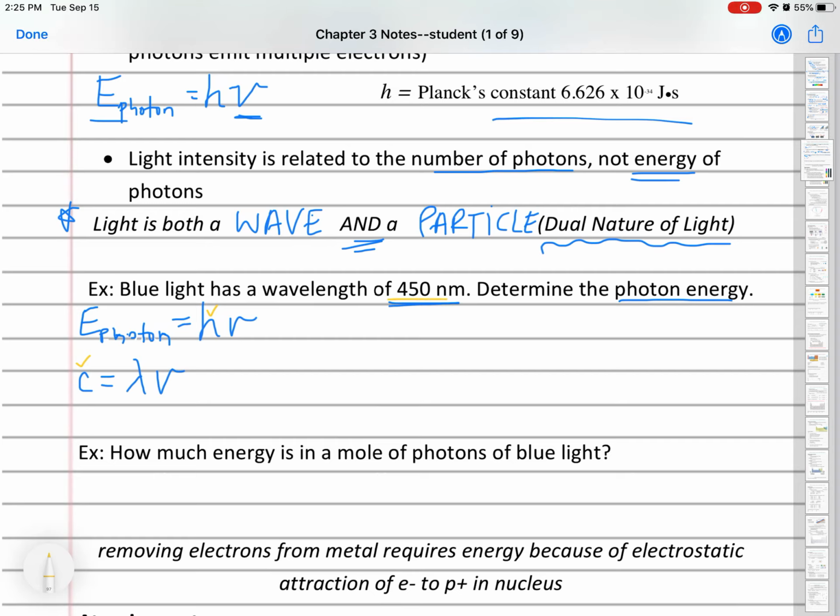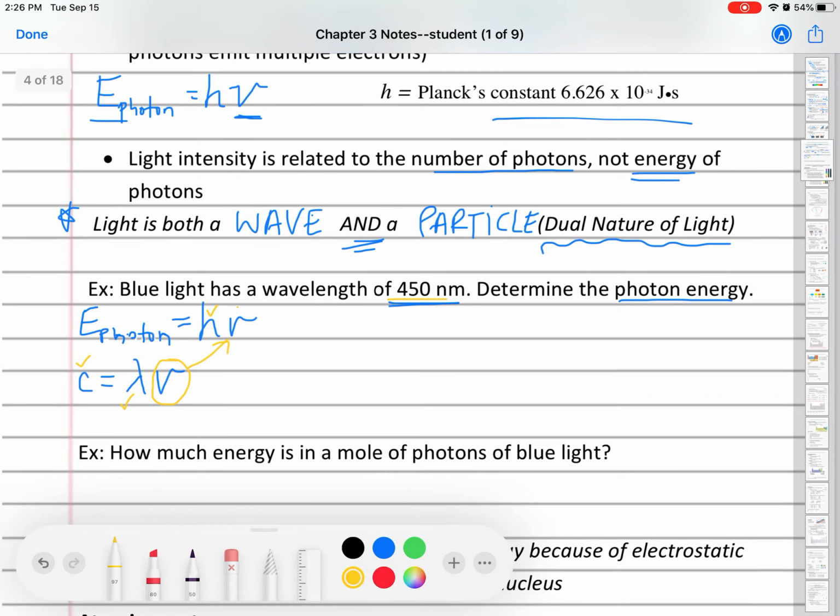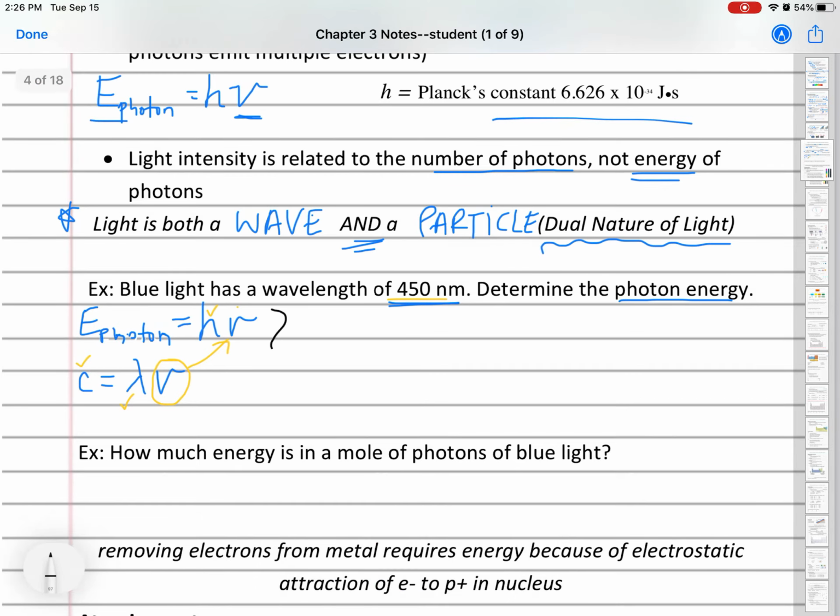And in the problem, we're given the wavelength in nanometers, all right? So what we could do is we could solve for frequency and then plug that frequency in here and then solve for the energy of the photon. Another way you could do this is you could rearrange these equations, sort of merge them together, and you could get this equation. If you do some substitution, you can get this equation.